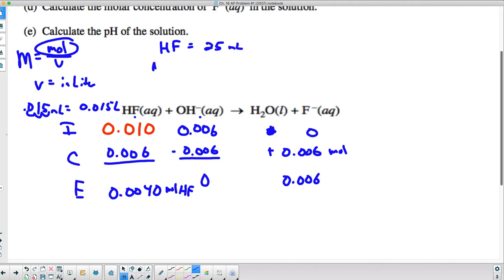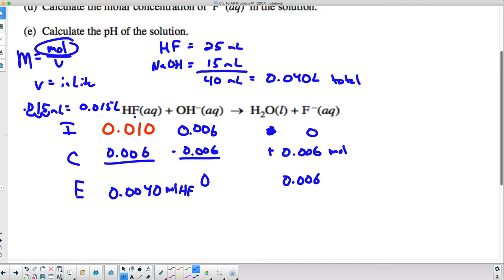Notice that for NaOH, the volume was 15 milliliters. When I add them up total, my volume is of course 40 milliliters. But that equals 0.040 liters. So this is my total volume.